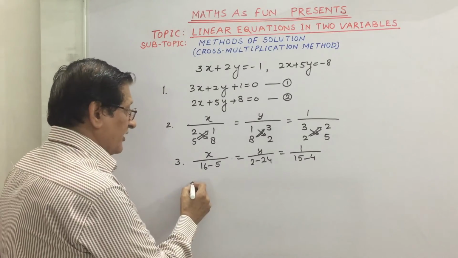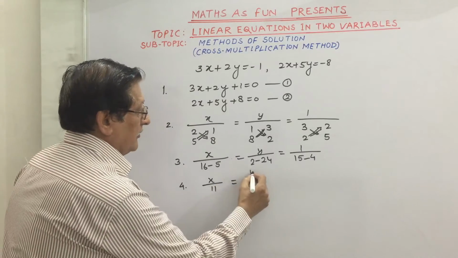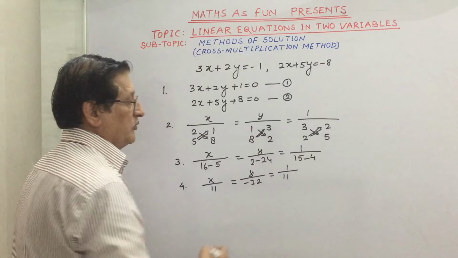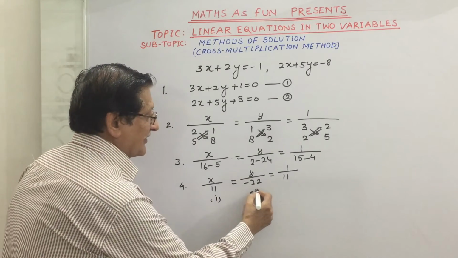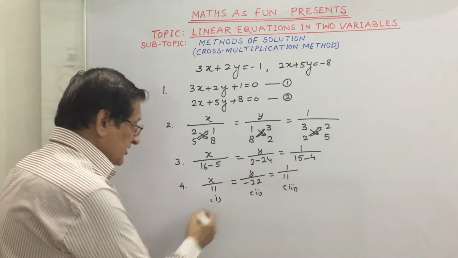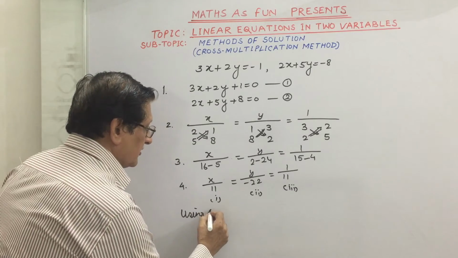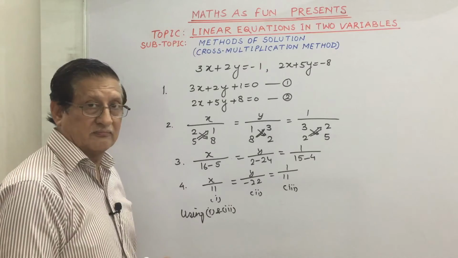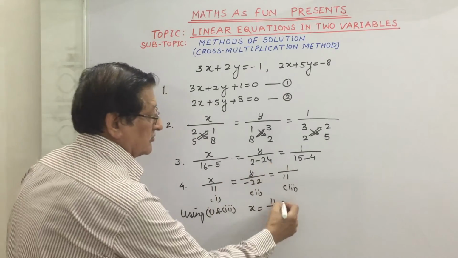And when we simplify, this comes as x upon 11 equal to y upon minus 22 equal to 1 upon 11. Then, as I told you, we'll write them first, second and third. Using first and third, we have x is equal to 11 upon 11, and that is 1.